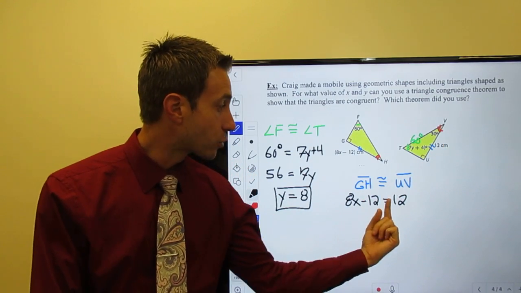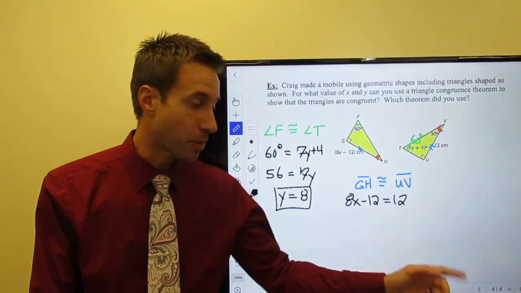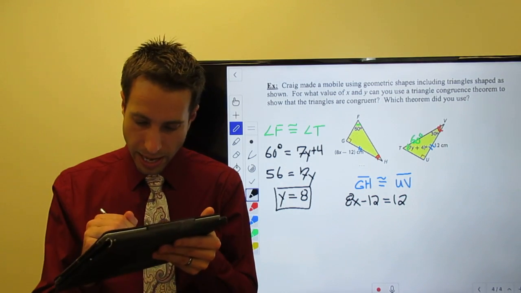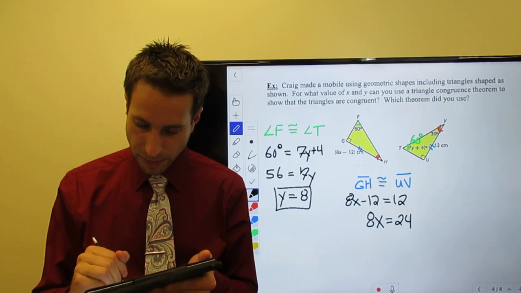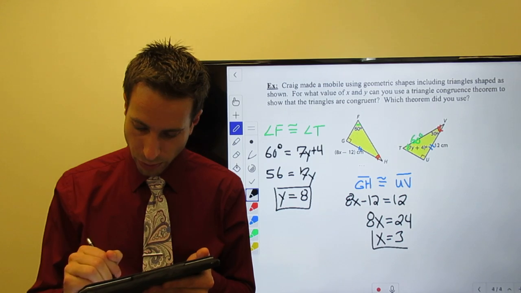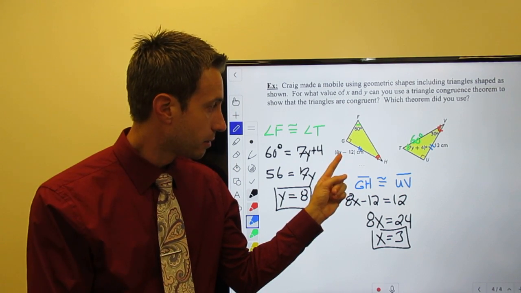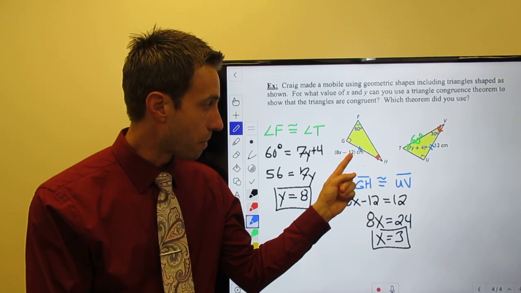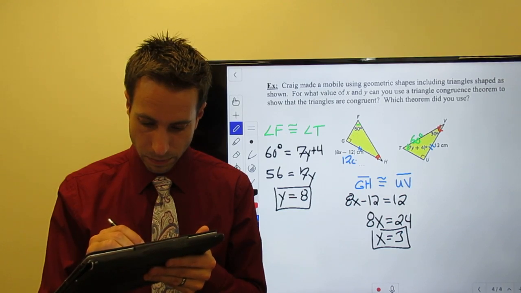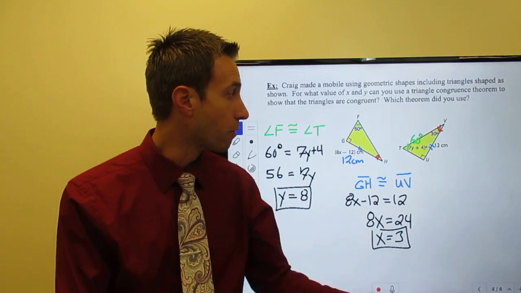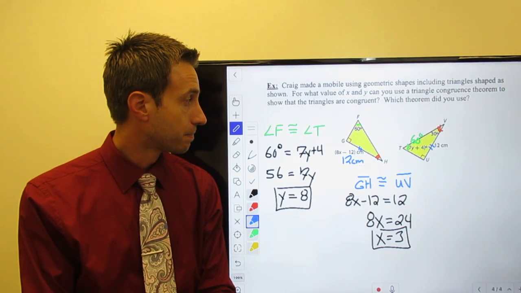So anyway, 8x minus 12 has to be equal to 12. Because again, another fairly simple geometry or algebra problem. Add 12 to the other side. 8x is equal to 24. Divide both sides by 8. X is equal to 3. Check it, plug it in. 8 times 3, 24. 24 minus 12, 12. And sure enough, 12 and 12, those guys all match up.